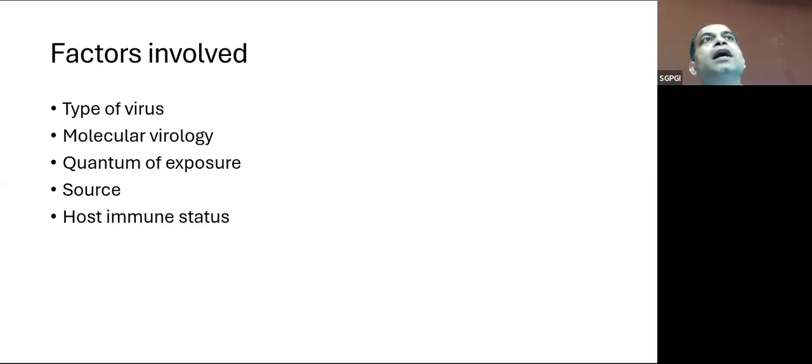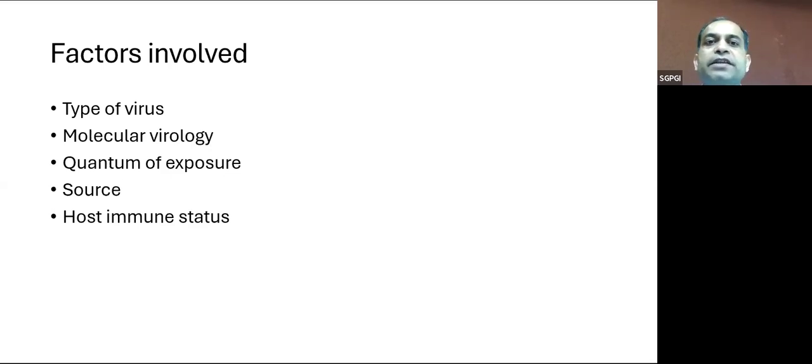Not only this, how much virus is present in that infected material. A needle prick from someone who has got hepatitis B viral load in millions versus a needle prick from a person who has got few thousands. There will be different rates. Source is important. Saliva, needle prick, blood transfusion, instrument.